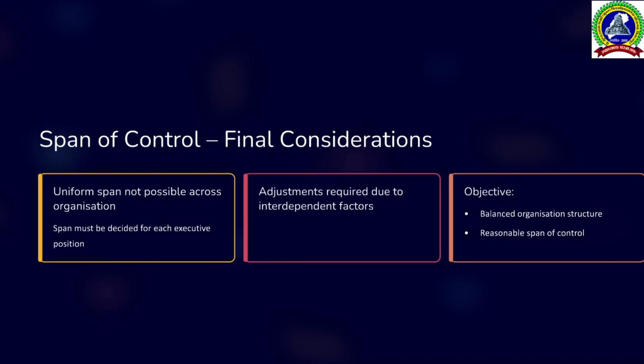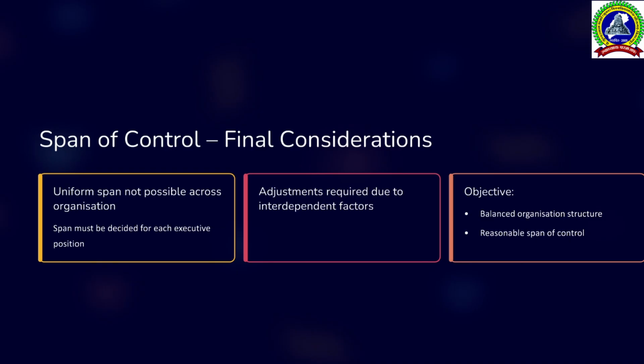The ultimate objective of deciding an appropriate span of control is to design a balanced organization structure. A balanced structure avoids the extreme of being excessively flat or unnecessarily tall. It ensures that managerial workload is reasonable, communication flows smoothly, coordination is effective, and decision making remains timely.